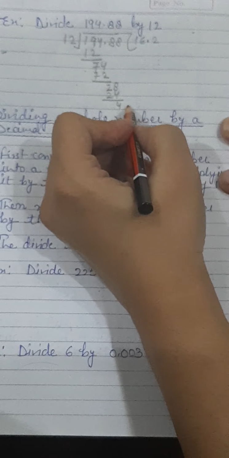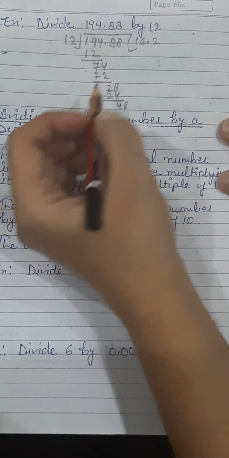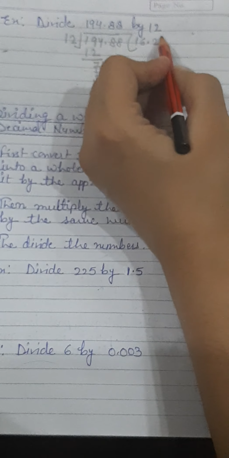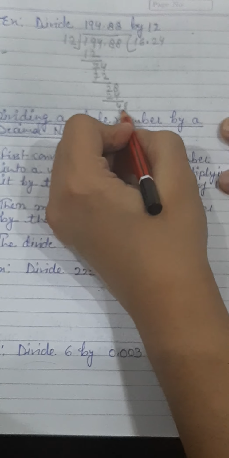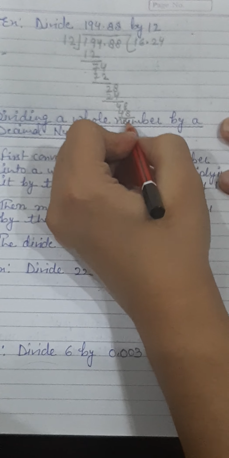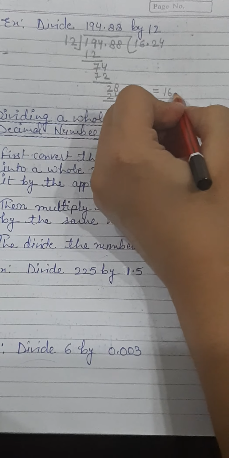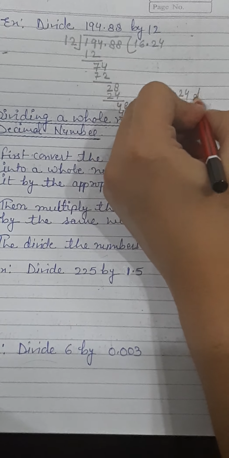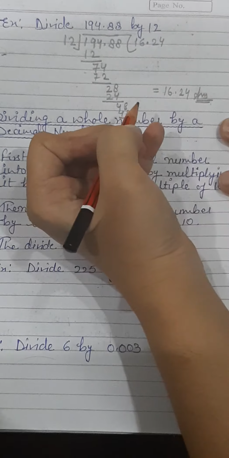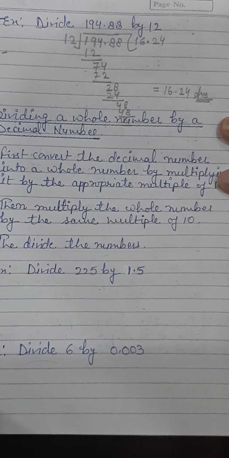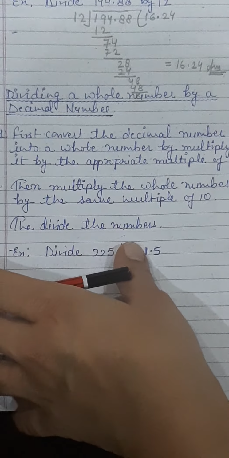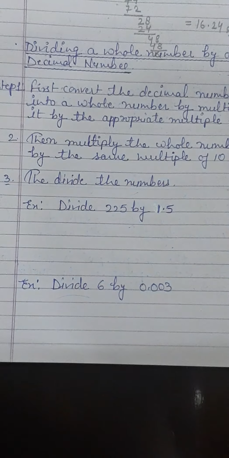And then we will write next 8. Clear? Then 12 4s are 48 and cancel out. So your answer will be 16.24. Is it clear, beta?